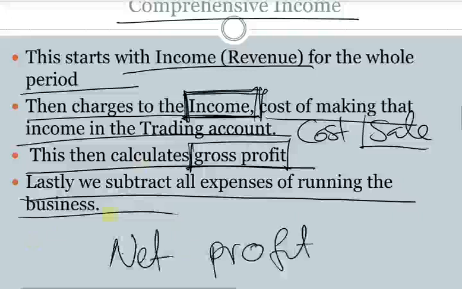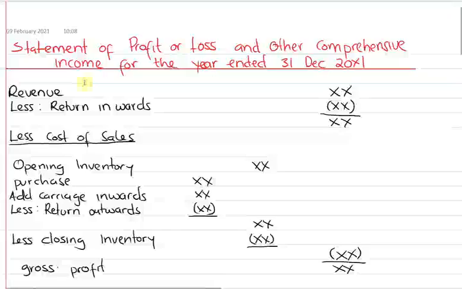So let us see a pro forma, right? How a statement of profit or loss and other comprehensive income should look. The first thing is to write up the title. The title describes that it is showing the financial performance over a period.